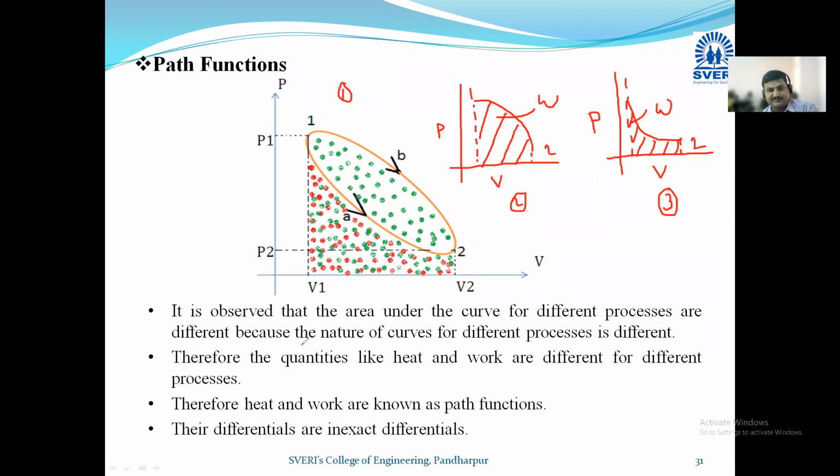Okay, means when you will follow the path 1B2, तुम्ही ज्यावेळी 1B2 ने जाल त्यावेळी 1B2 च्या खालचा जो पूर्ण एरिया आहे, that area is nothing but the work performed during that particular process when state 1 is changing towards state 2.